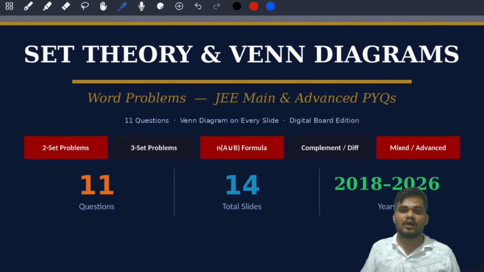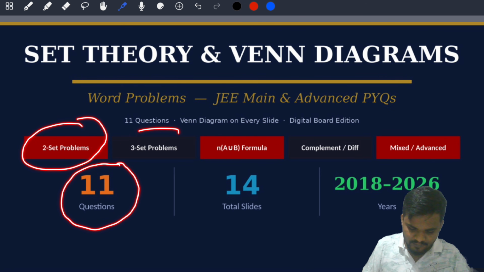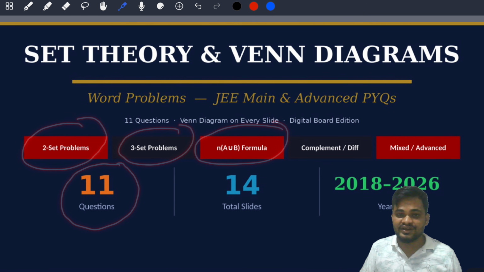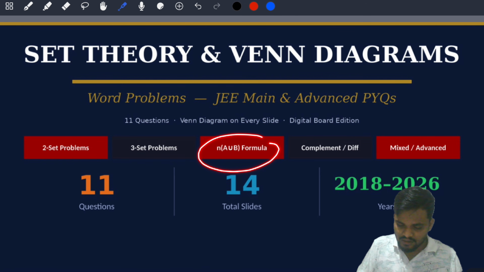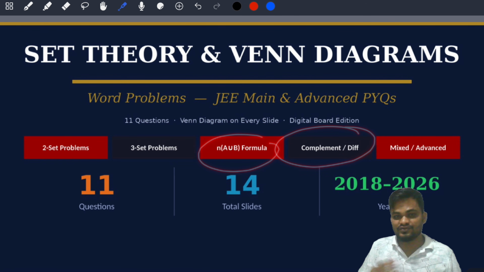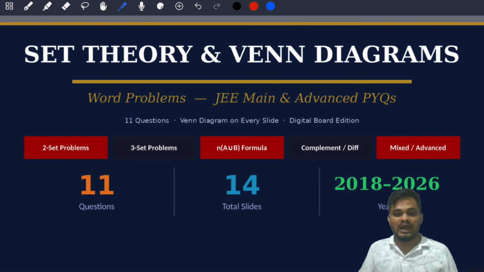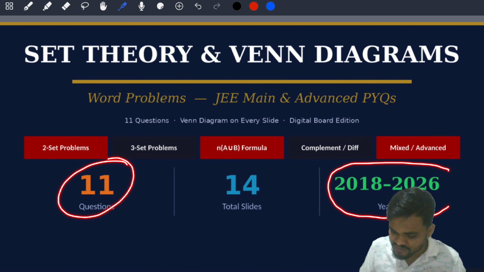So how I planned the lecture is, I identified 11 questions which are from 2-set problems, 3-set problems, and how to find the union, meaning either A or B, without using a formula, then complement and difference without using a formula, then some mixed problems. And I chose these 11 problems from JEE Mains and Advanced PYQs.